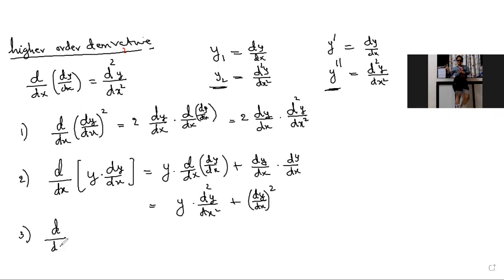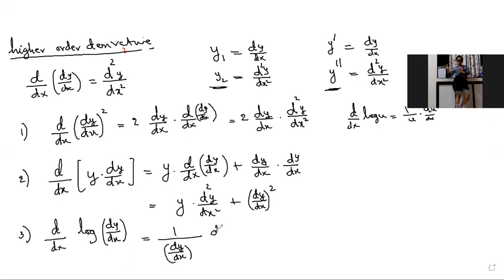d by dx of log of dy by dx. Write your answer. One of you speak out the answer. Log of dy by dx: dx upon dy into, what is the derivative of log u? 1 upon u, into the derivative of u. So that also you need to apply. So 1 upon dy by dx into the derivative of dy by dx.